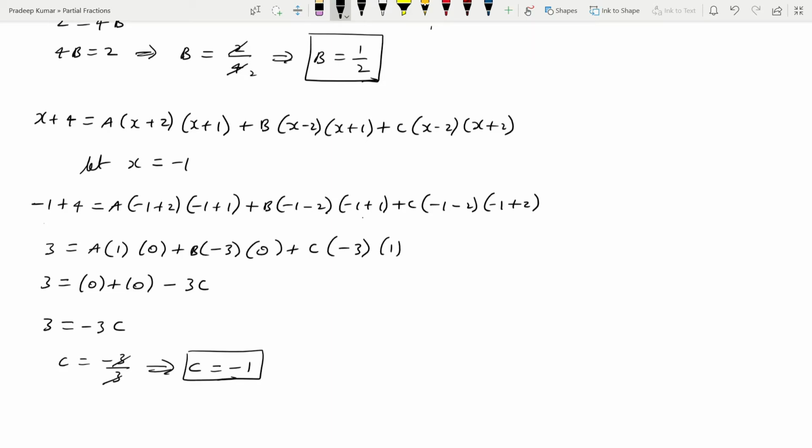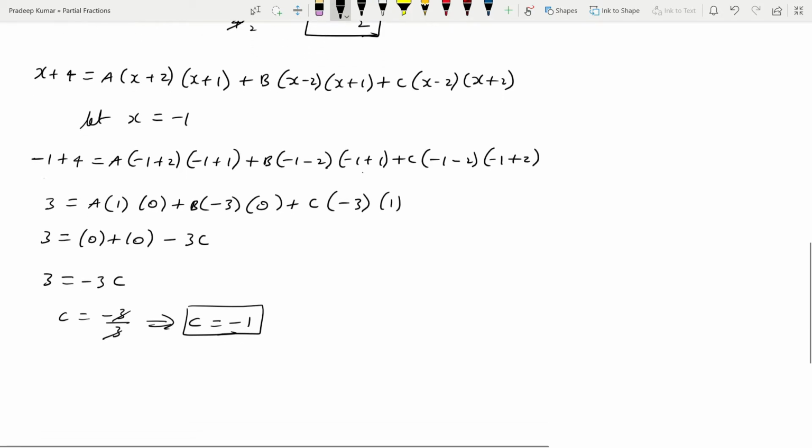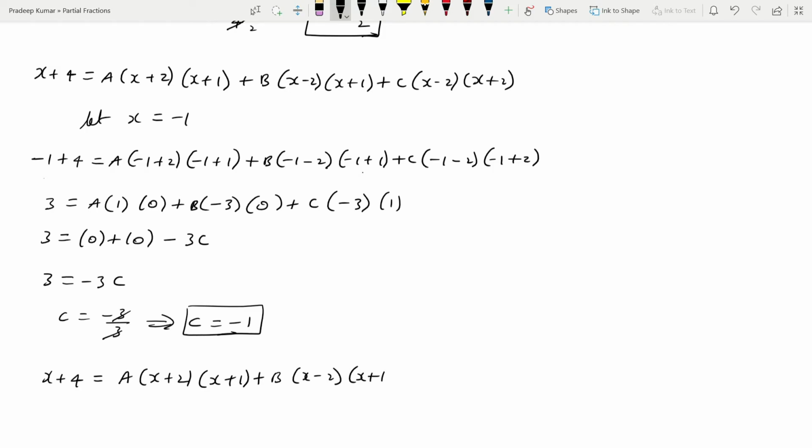Okay, we got the B value, we got the C value. Now let's find out the A value also. I'll write the equation again and then solve to get the A value. So this equation: A into x minus 2, x plus 1, plus B into x minus 2, x plus 1, plus C into x minus 2, x plus 2.